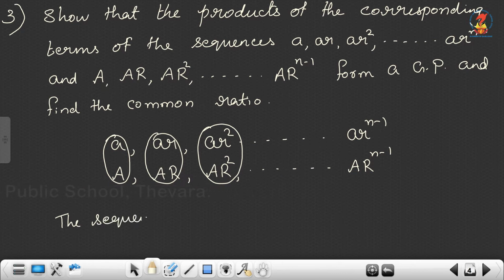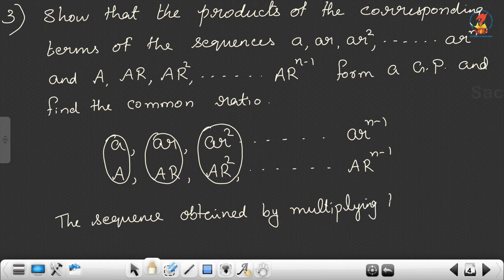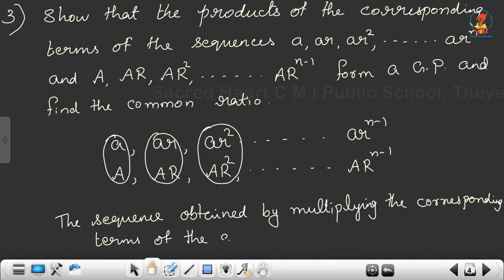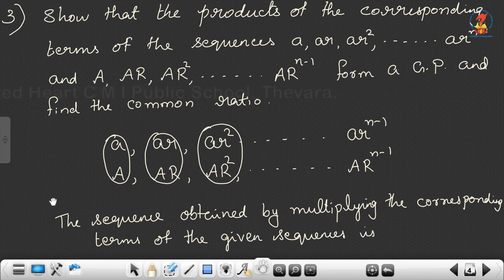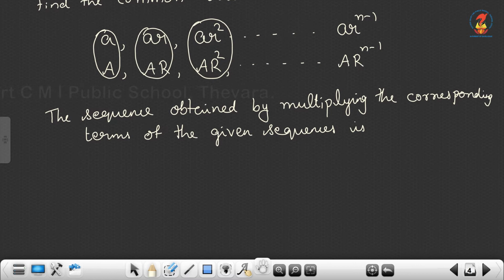The sequence obtained by multiplying the corresponding terms of the given sequences. So multiply the corresponding terms.